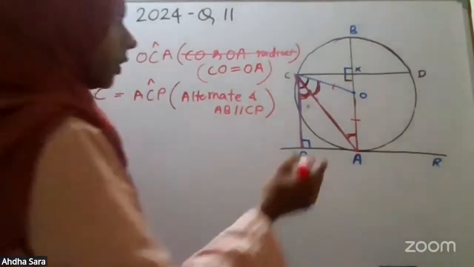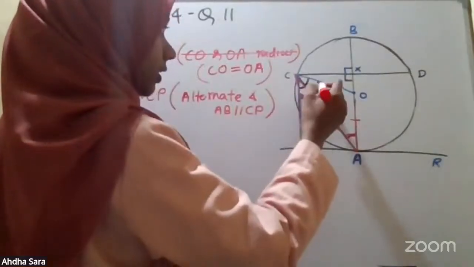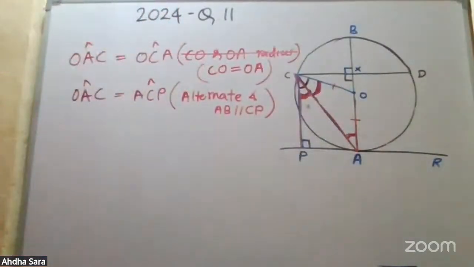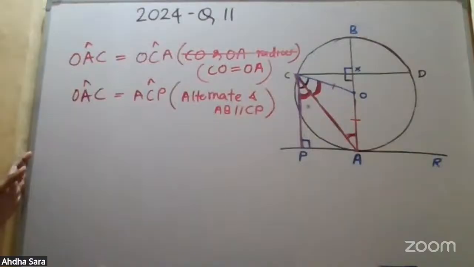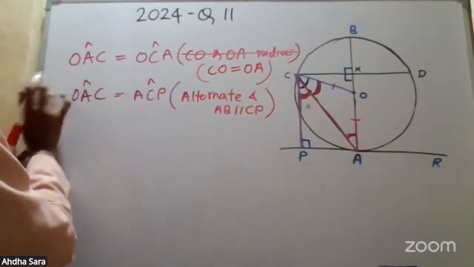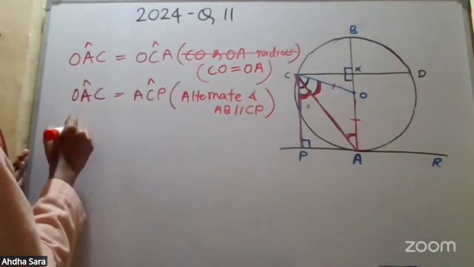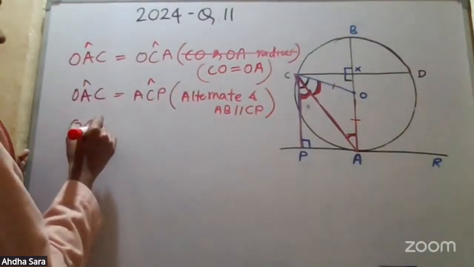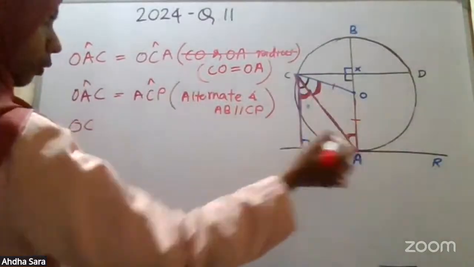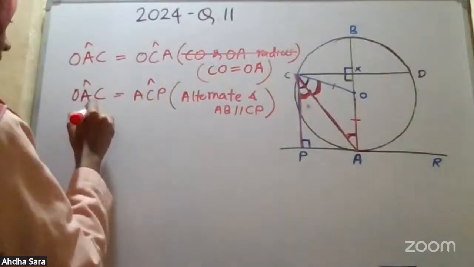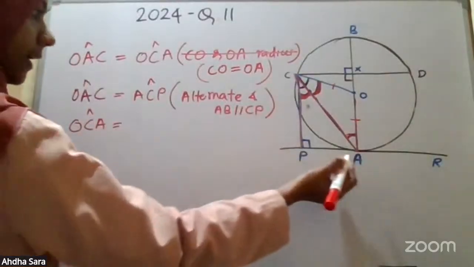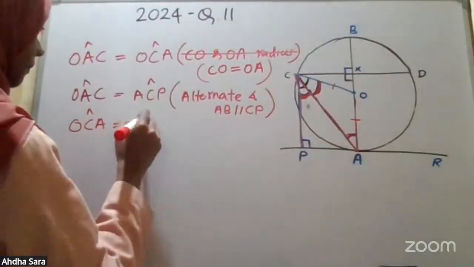Now you have proved this angle and this angle are equal. So the angle OCA is equal to the angle ACP.